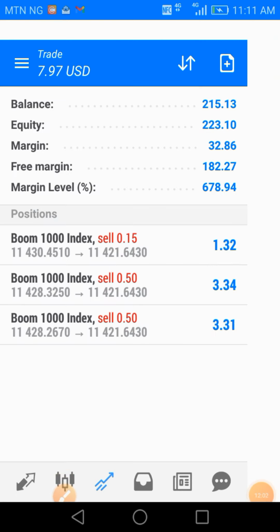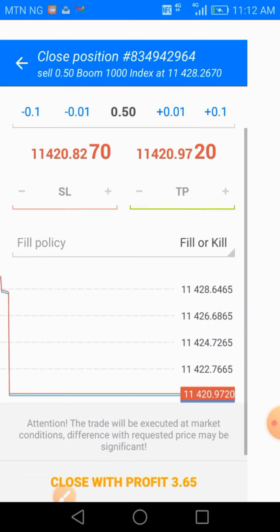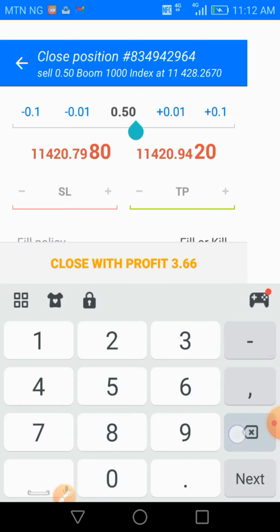Okay, hope you can see the profits right away. So I'm just going to close part of the trade, because this is going to be a long trade. Let's just close part of the trade. Yeah, we're going to close 0.4.